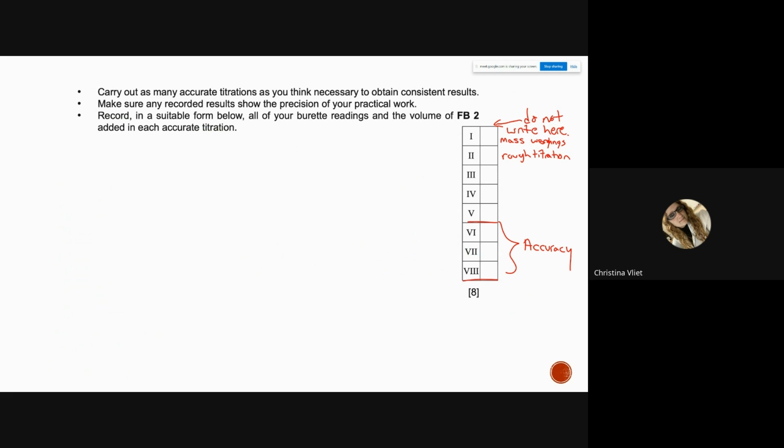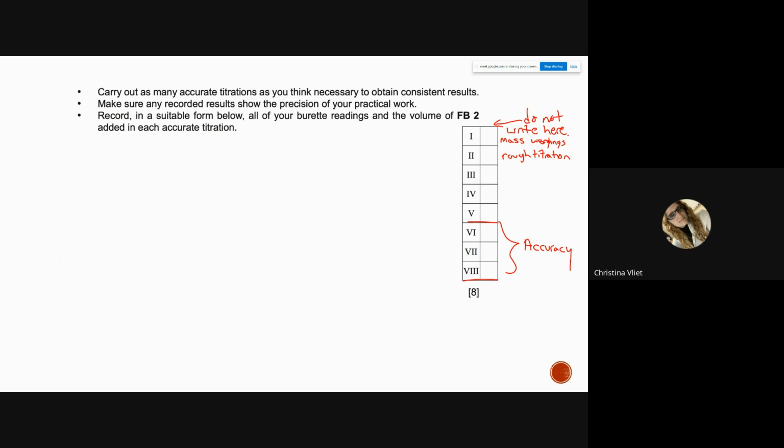Clean equipment, follow instructions properly, make sure when you're making your solution everything is dissolved very thoroughly. Don't go over the line, don't go over the mark. So that's how you control accuracy. Have clean equipment, so making sure that before you begin all your equipment is clean.